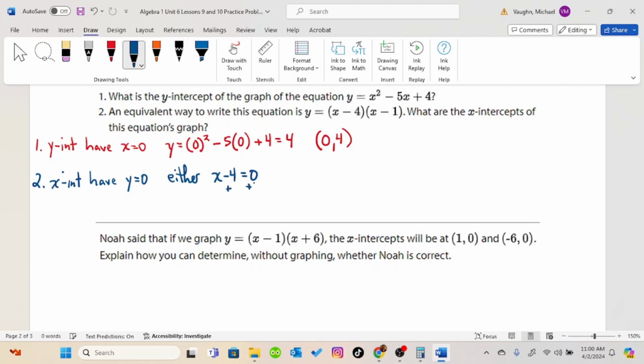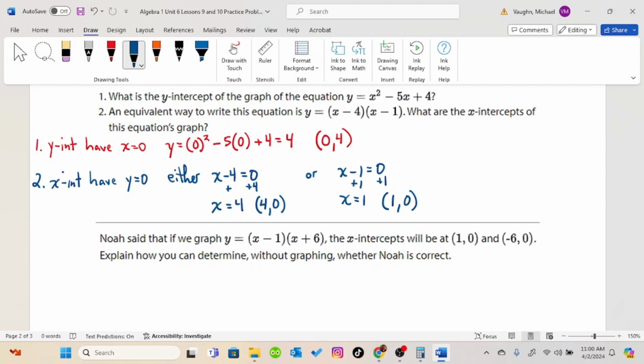We could add 4 to both sides, find out that x equals 4, and our x-intercept is (4, 0), or x − 1 equals 0. We could add 1 to both sides, find out that x equals 1, and our x-intercept is (1, 0). By using either of these x values, they'll make one of the factors 0, and 0 times anything equals 0.